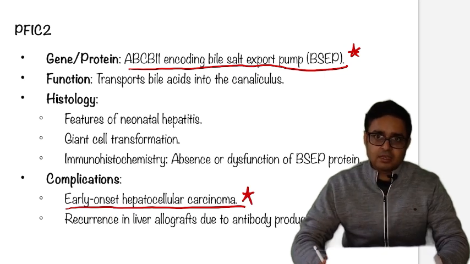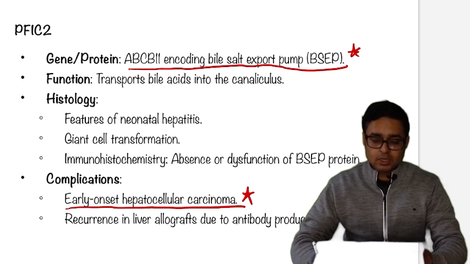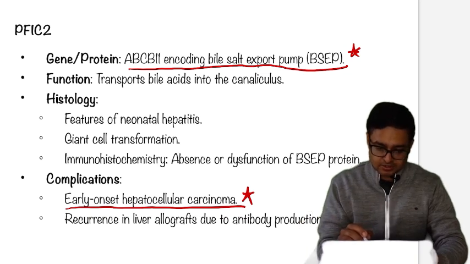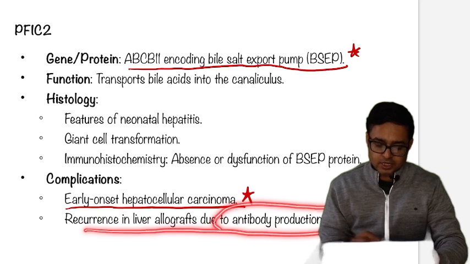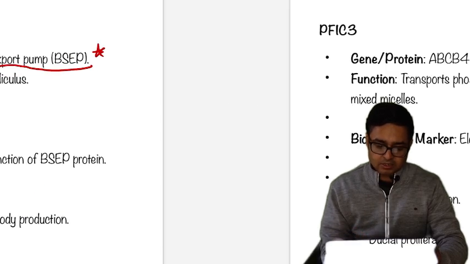In two variants, hepatocellular carcinoma is seen. One is PFIC2, the other we will see later. Recurrence in liver allograft occurs due to antibody production. So in PFIC2, just remember two things: the gene and the product, and early onset hepatocellular carcinoma.